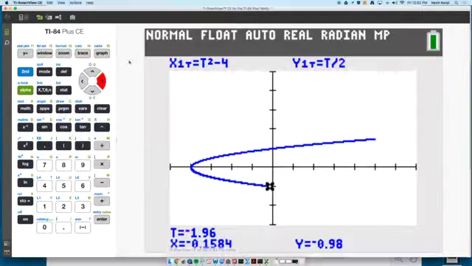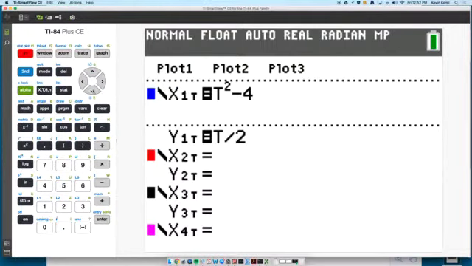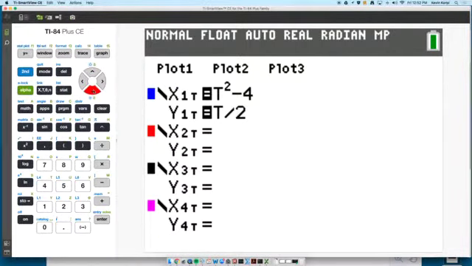Okay, let's go back to our calculator then, and let's go to the second available option. Actually, I'm going to have to turn this one off because we're going to have to change the parametric window. So we're not going to be able to compare apples to apples.